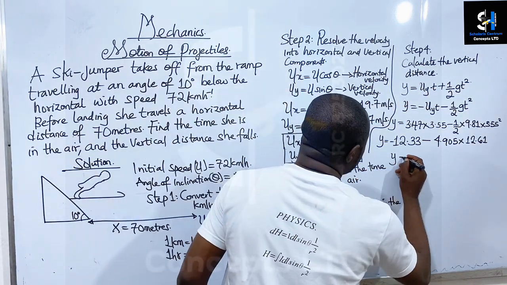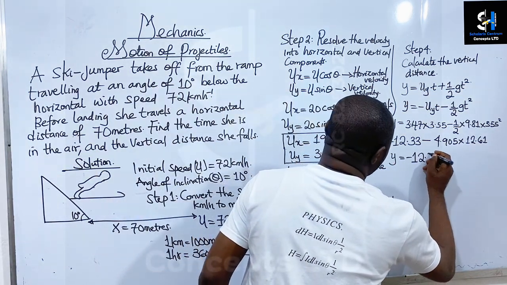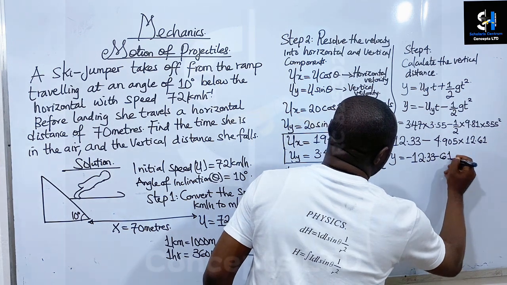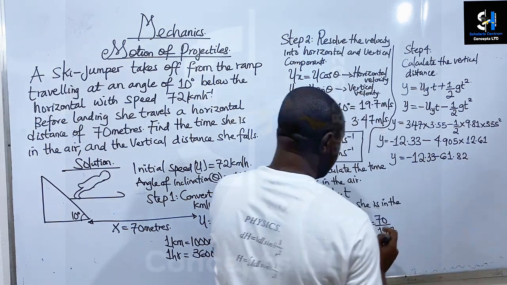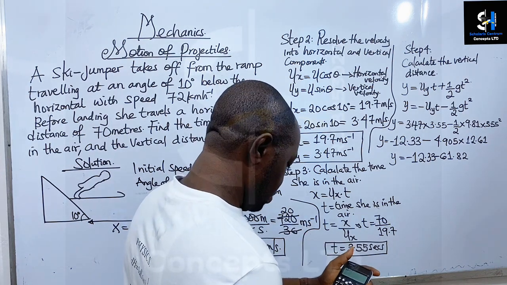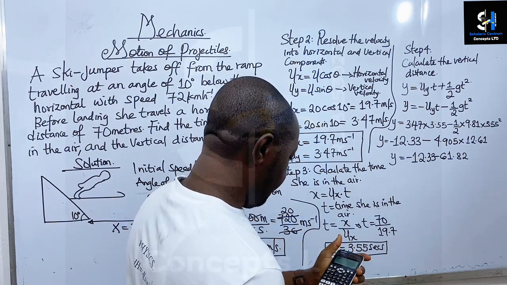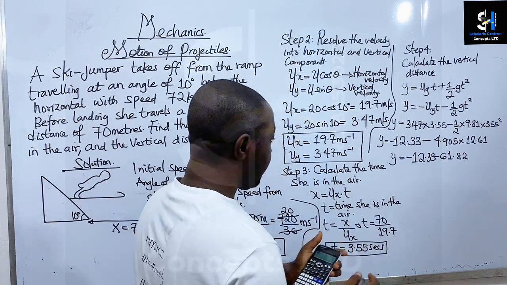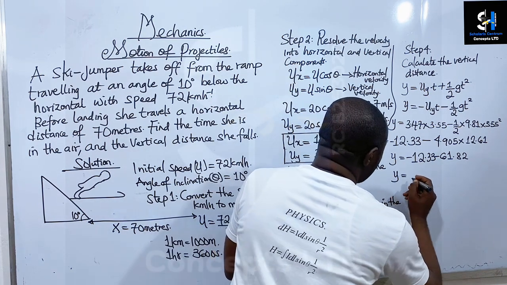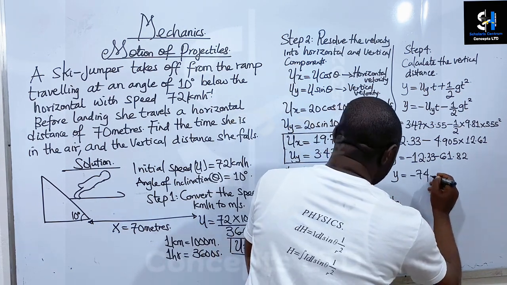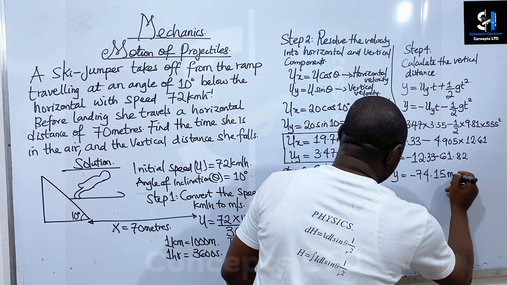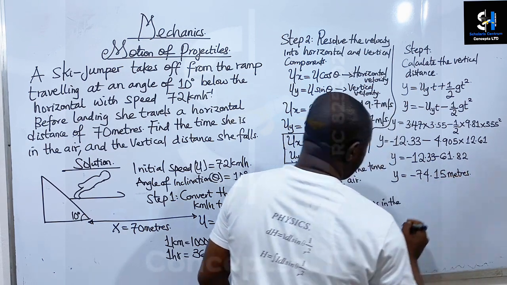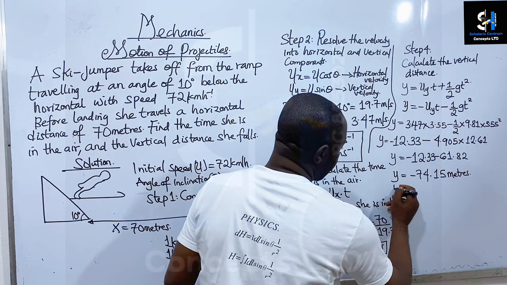So y will be equal to negative 12.33 minus 61.82, and y now becomes negative 74.15 meters.